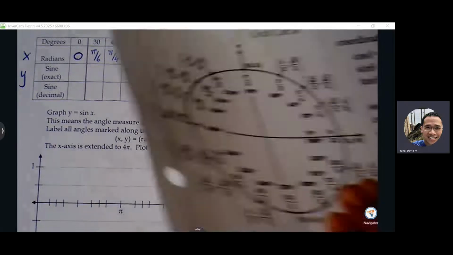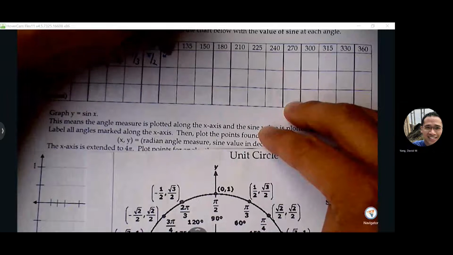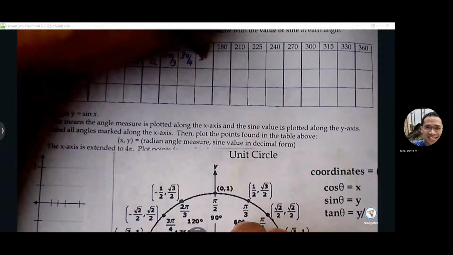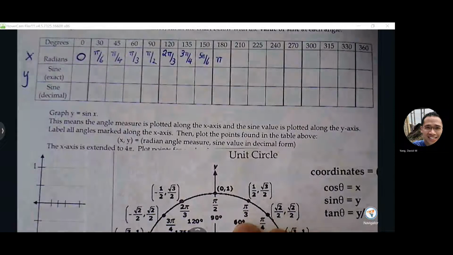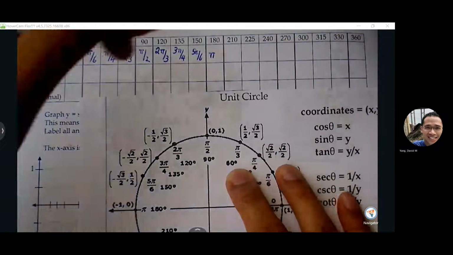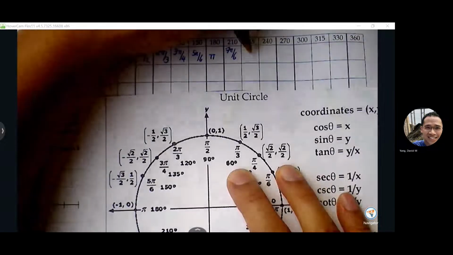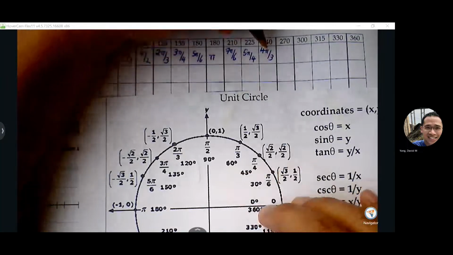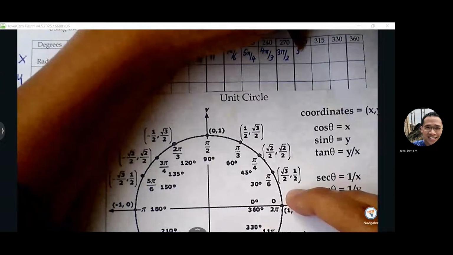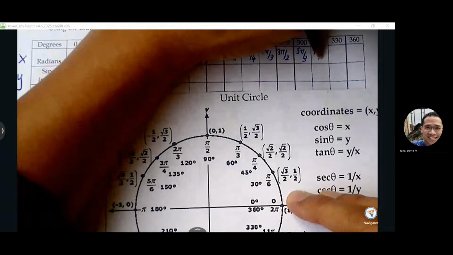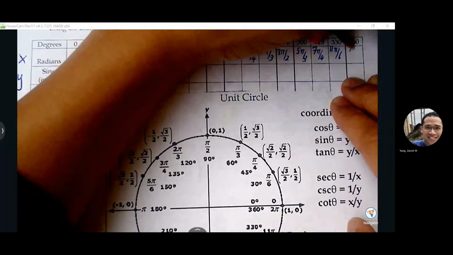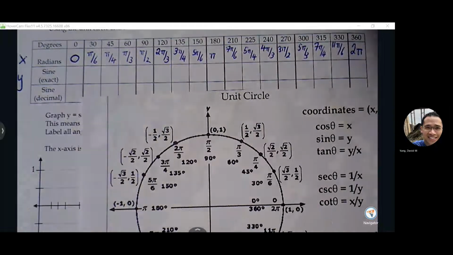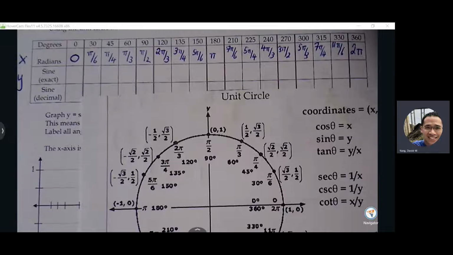So just copy it from your unit circle as well. Right now, we're just going to be focused on the sine.